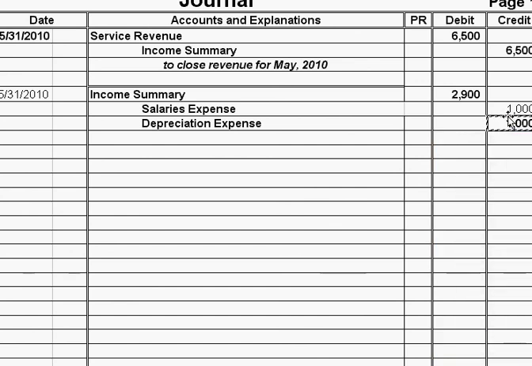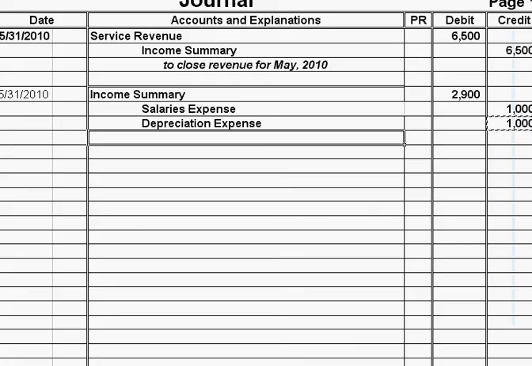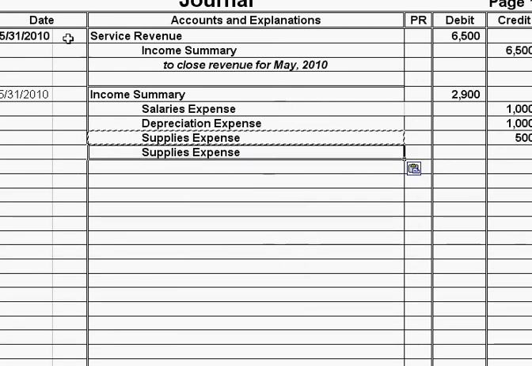So we've got our salaries expense and our depreciation for $1,000. Next, what did we have? We had supplies and utilities. So we're going to credit the supplies expense $500, and we're going to credit the utilities expense $500. Okay, so a little formatting here.